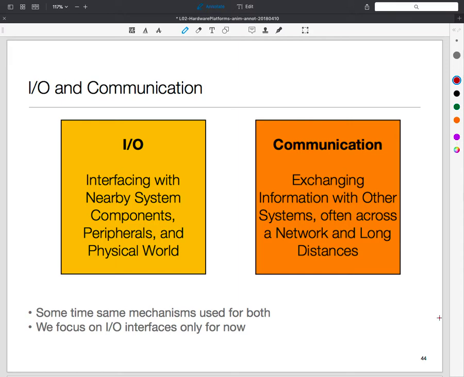For example, I may have a peripheral which in turn has a CPU, and therefore when I'm talking to it, it seems like communication. But let's stick with this crude distinction for a moment. In particular, the standards and technologies out there fall into these two clusters with some overlap. And so the focus for now is going to be the kinds of technologies available for this left-hand side of things.